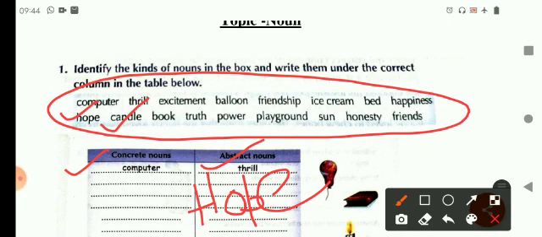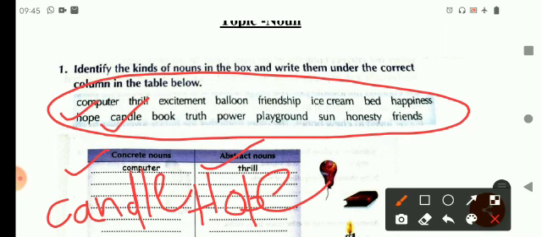You can see candle, you can touch candle, you can feel candle. So the things you can see, touch and feel are concrete nouns. So you will write candle under the heading concrete noun like this. So I hope you have understood how you will do it.